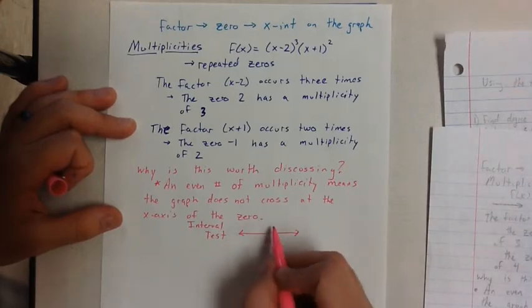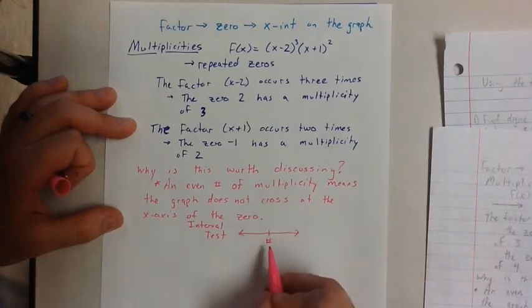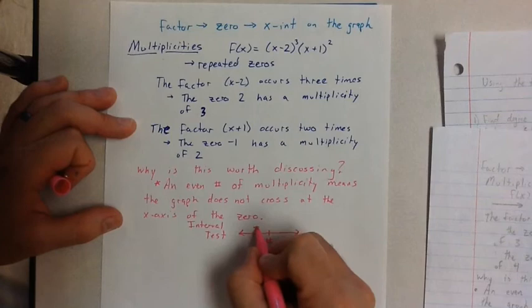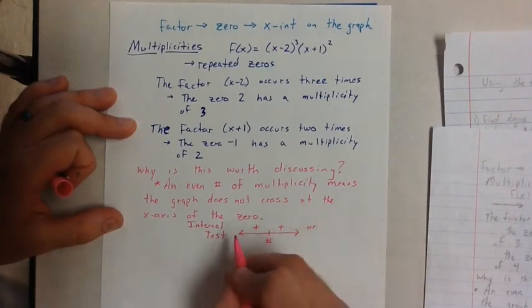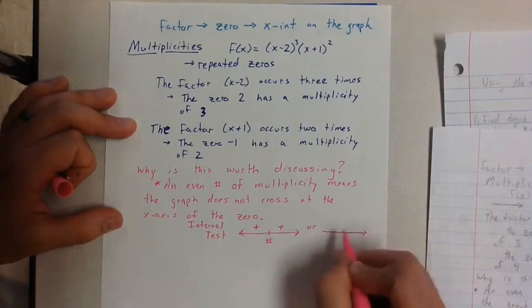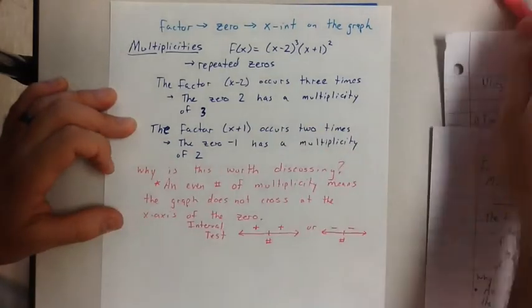Now I said, well, it's not always the case. So when we have an even multiplicity, at a 0, the sign actually stays the same. Either it continues to be positive or it continues to be negative. There is no sign change with an even multiplicity.